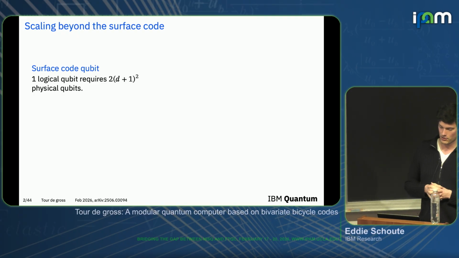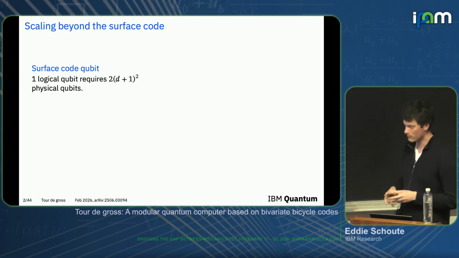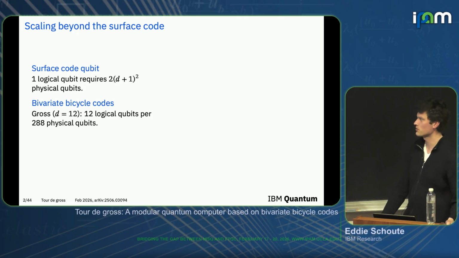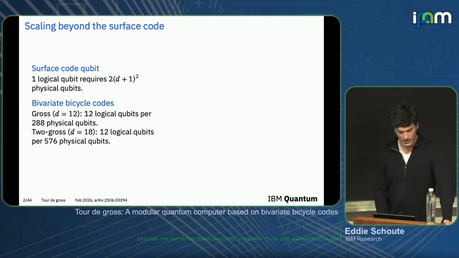The main reason is that a surface code qubit requires, say, 2 times (d plus 1) squared physical qubits. And at IBM, we found these new BB codes, bivariate bicycle codes, of which the Gross code is one example. It has a code distance of 12, and it encodes 12 logical qubits for 288 physical qubits.